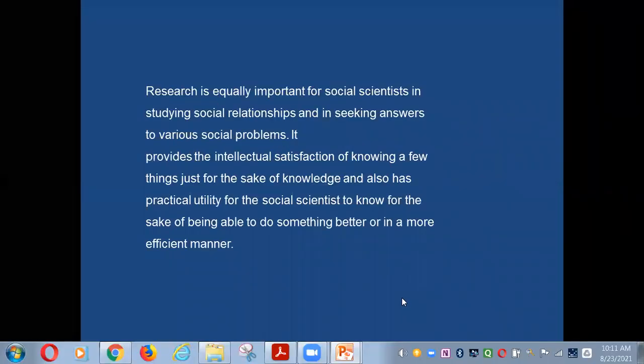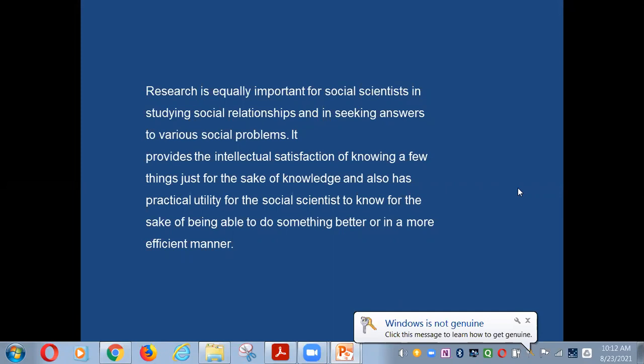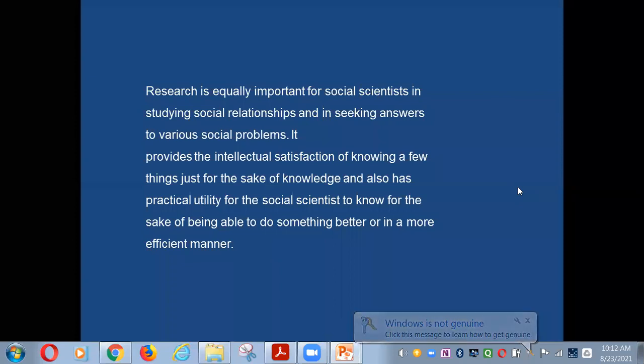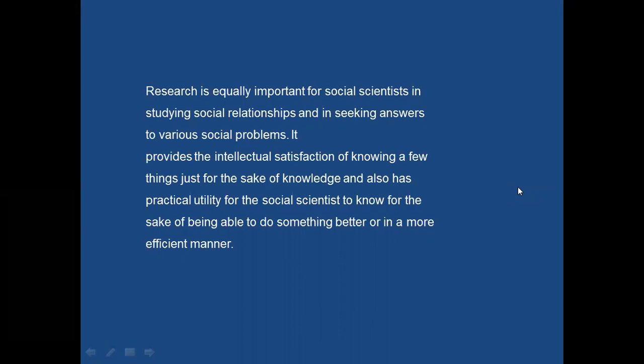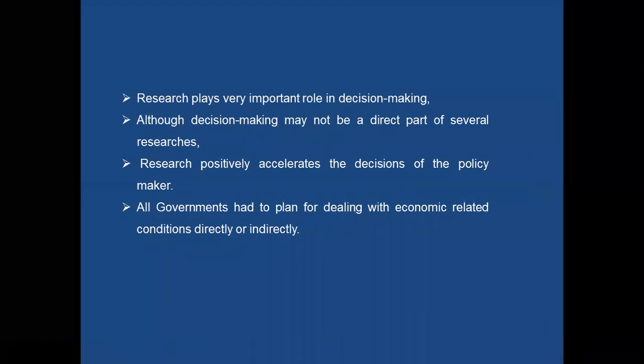Research is equally important for social scientists in studying social relationships and seeking answers to various social problems. It provides the intellectual satisfaction of knowing a few things just for the sake of knowledge, and also has practical utility for social scientists to know for the sake of being able to do something better or in a more efficient manner.